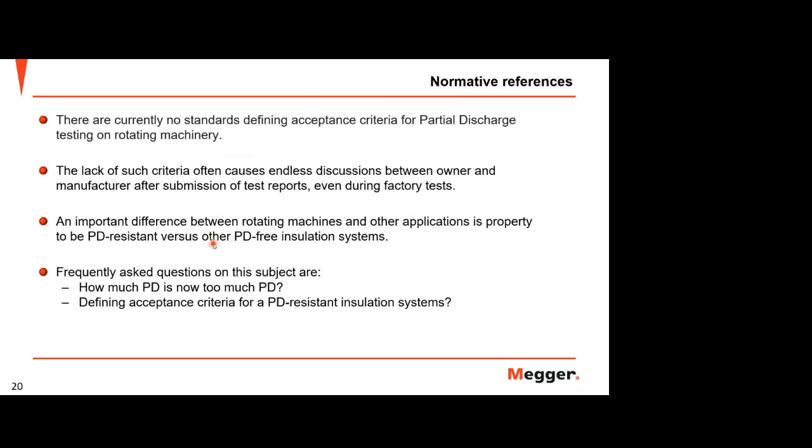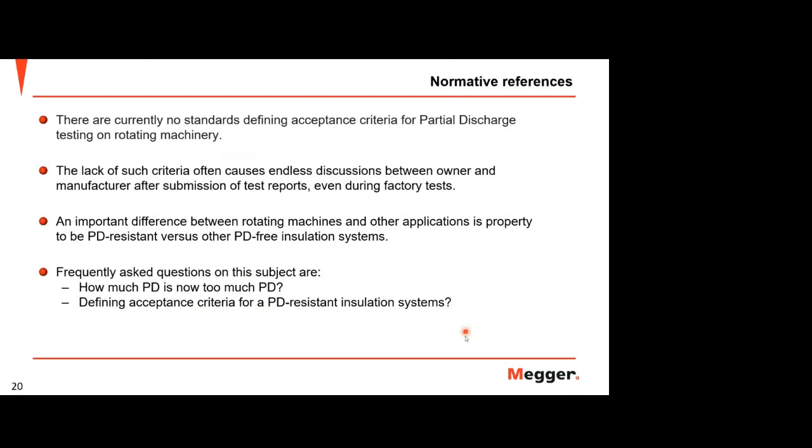So this is why it is difficult to find the acceptance criteria on the rotating machine compared to other assets like a transformer or maybe a switchgear and others. So this is why we have the frequently asked question on this subject: how much PD is too much PD? Defining acceptance criteria for PD resistant insulation systems.